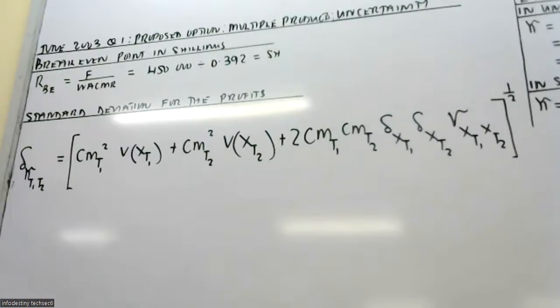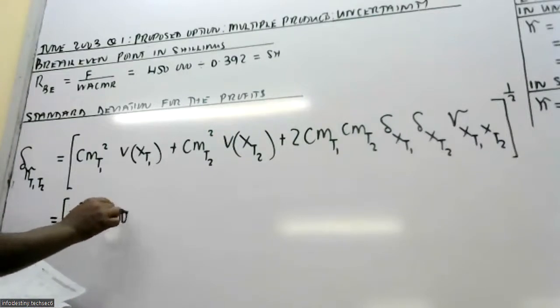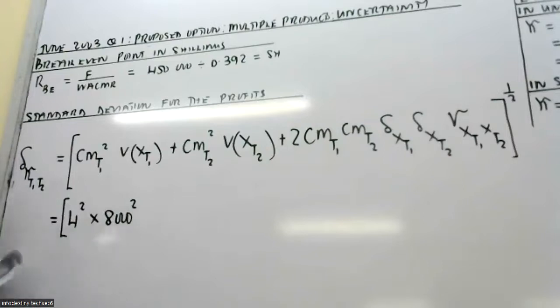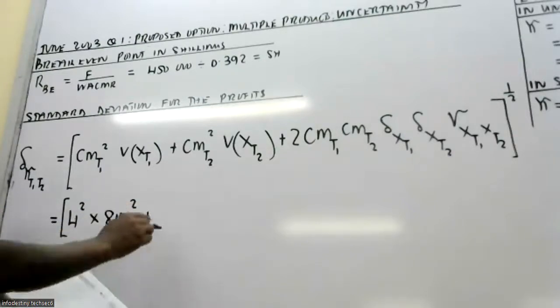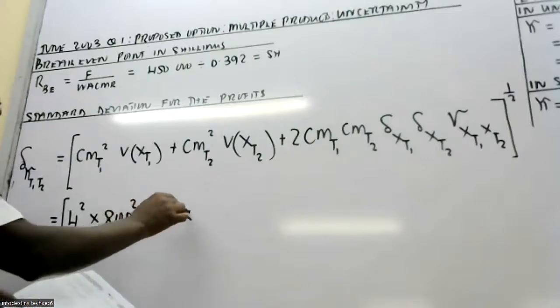Let us now record those figures. Contribution margin of T1, tunajua it is 4. So it is 4 squared. And sales of T1, tunaambiwa their standard deviation will now be 8,000. And we also know that for you to get variance, you square the standard deviation. Plus, contribution margin of the second one is 3. So you square 3.